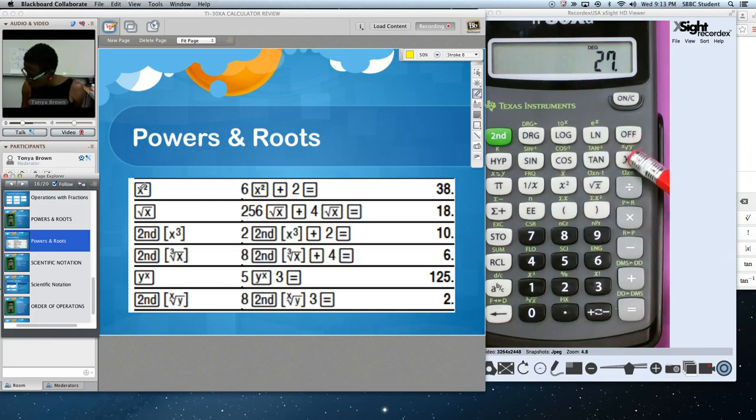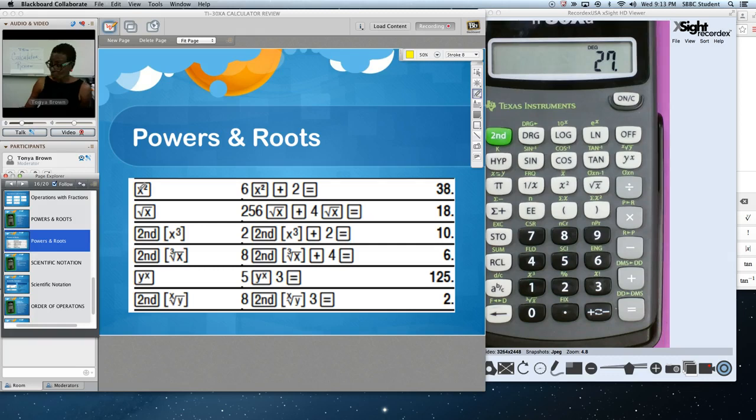We can also use, if we're doing cubes, if you look really closely, you can see right here above the 1 is x to the third power. So let's go ahead and use that key and see how that works. If I'm cubing something, I could just simply do 3, hit second to access that key, and then press the 1, and I will get the same thing. 3 to the third power is going to be 27.